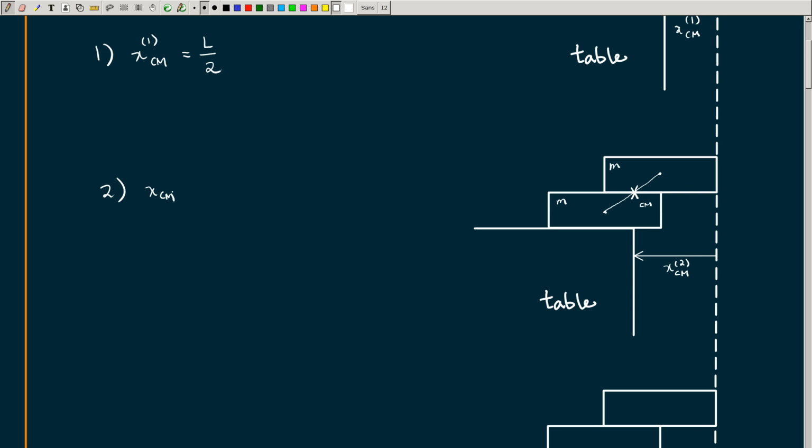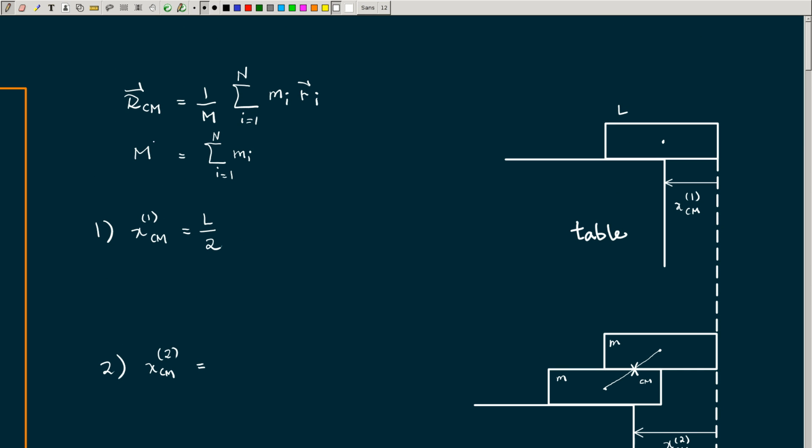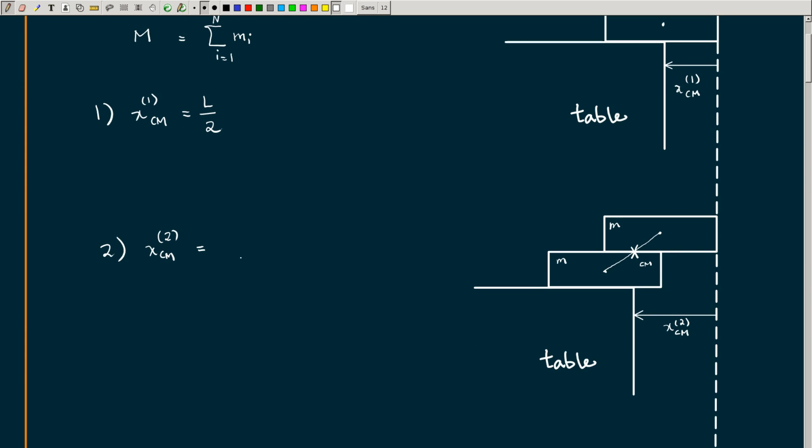But we want to do the formulas too. So XCM2, using this formula here, will be 1 over the total mass 2m, times the first mass m times this length, which is L over 2, plus the second one at the length L, which will be 3/4 of L. It's the same solution that we got graphically.